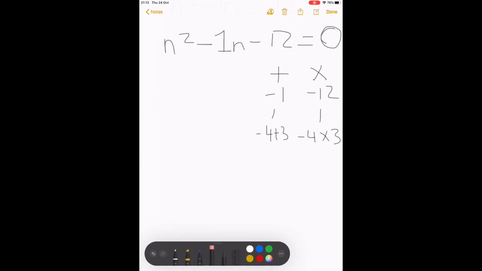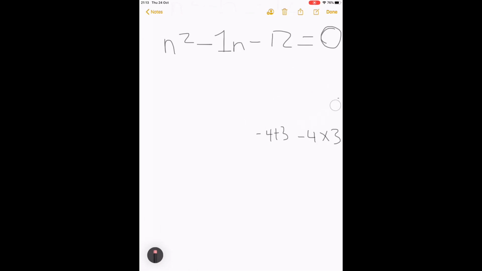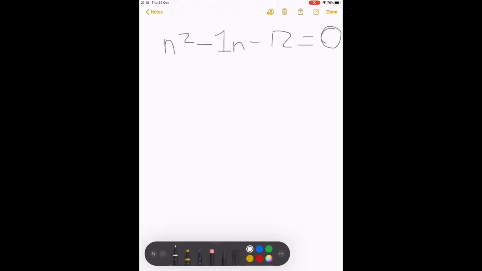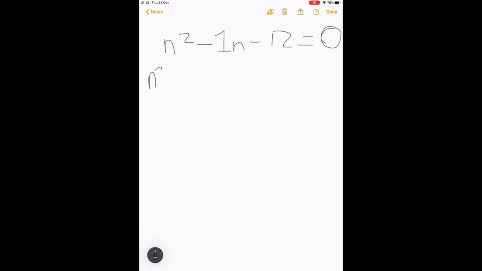Now we can rewrite this equation using those factors. So we can say n squared minus 4n plus 3n minus 12 equals 0.